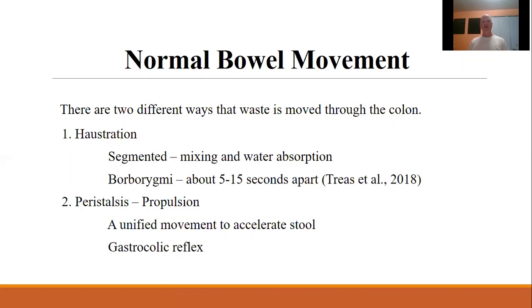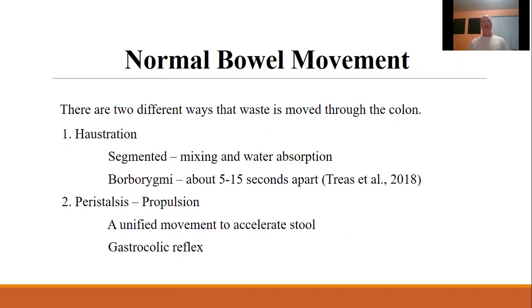With haustration, the movement is done by circular muscles, which helps the fecal matter absorb water into the walls of the intestine. When you're auscultating, you're going to hear noises 5 to 15 seconds apart, called borborygmus. That'll be the gurgling sounds.